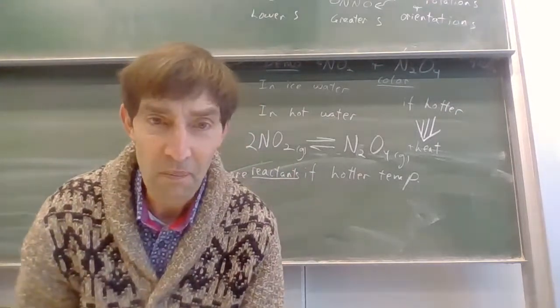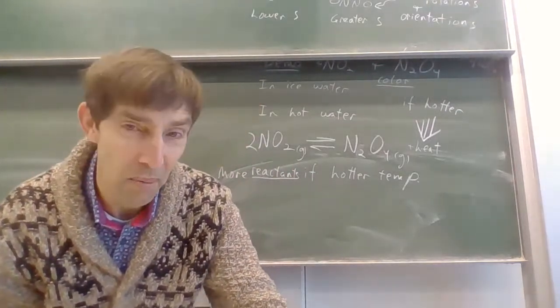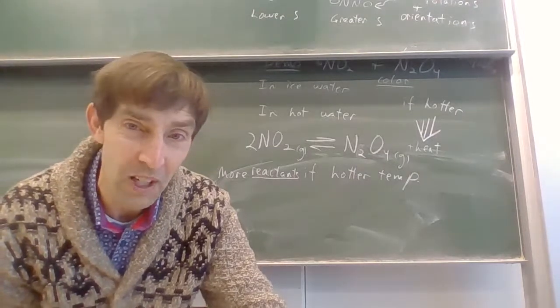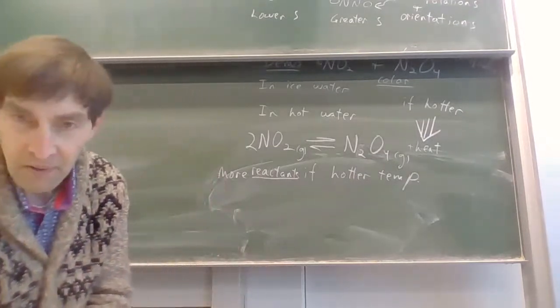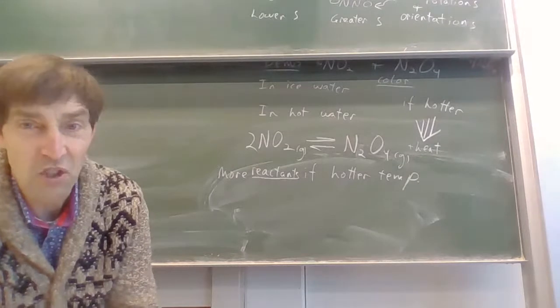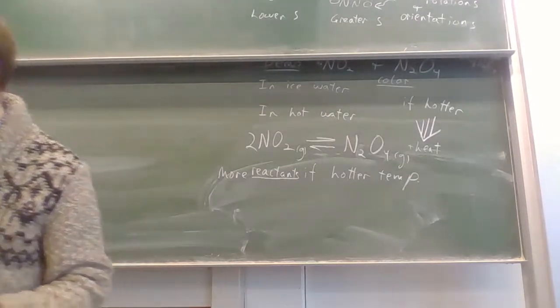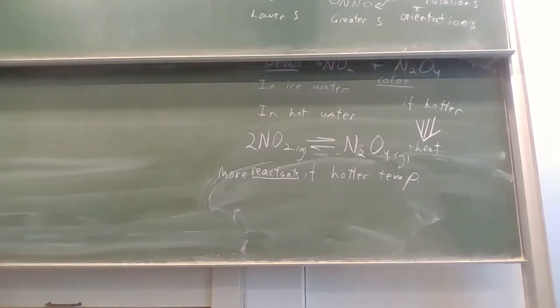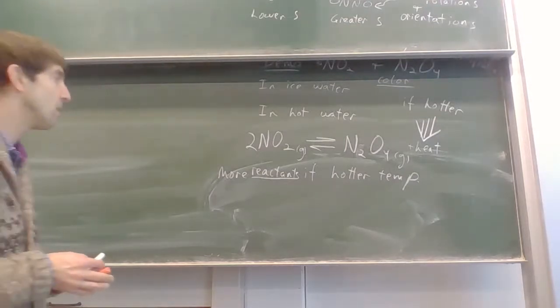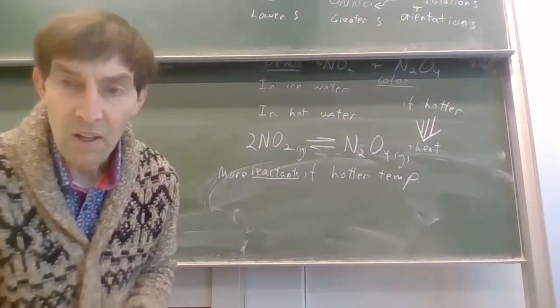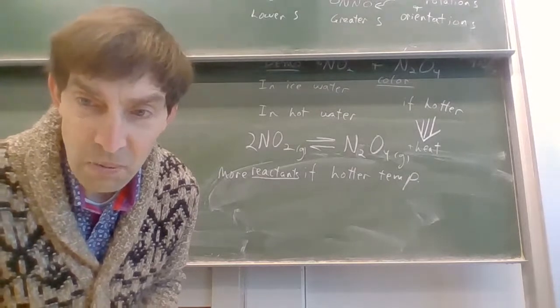So therefore, which gas is probably the brown one and which one is clear? I'll label them over the top of each. So which gas is hot as brown?